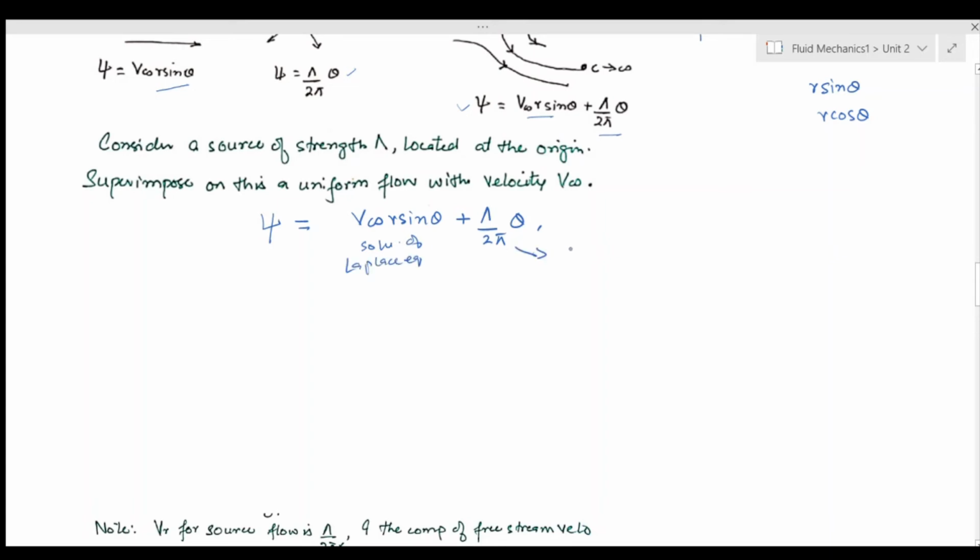This is also a solution of Laplace equation. So a summation of these would also be a solution of Laplace equation.